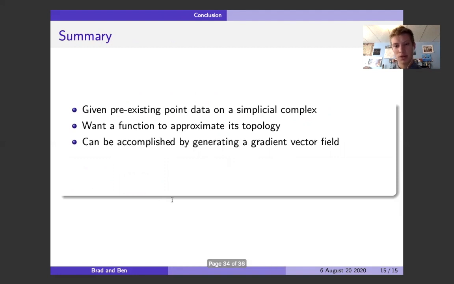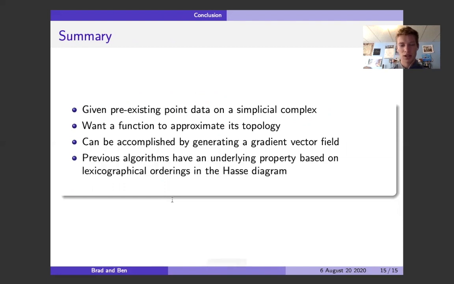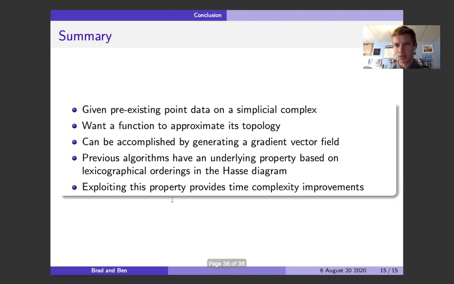And remember, we can do this using a gradient vector field. This is an equivalent definition to a discrete Morse function, and it's also equivalent to look at everything through the Hasse diagram. And so if we do look at things through the Hasse diagram, these previous important algorithms have an underlying property that they're using based off of lexicographical orderings. And exploiting this property gives us some really nice time complexity improvements.